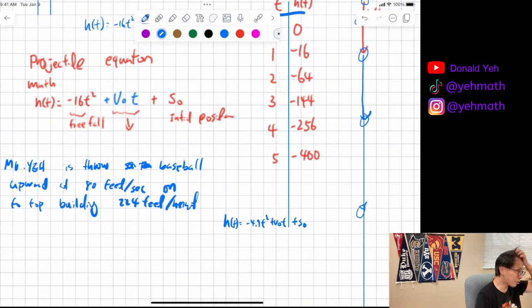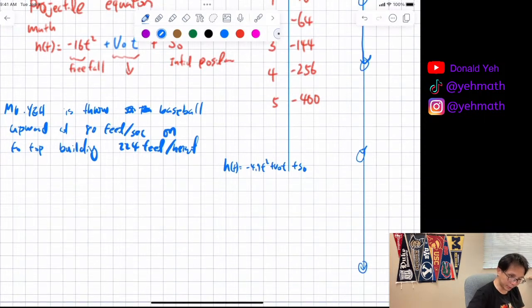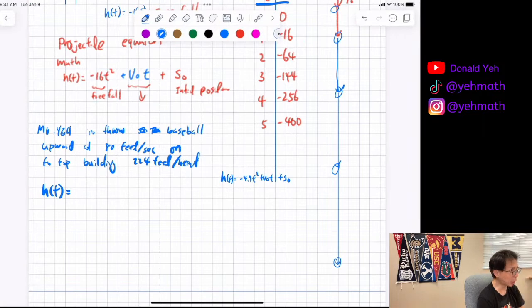I can ask you multiple questions about this. What do you think the equation should be? H of t is equal to what? Knowing I throw 80 feet per second, which is roughly 54 miles per hour, and on top of 224 feet, how would I build that equation?